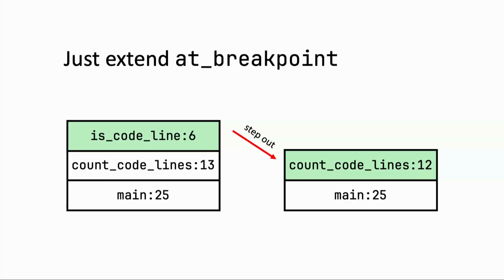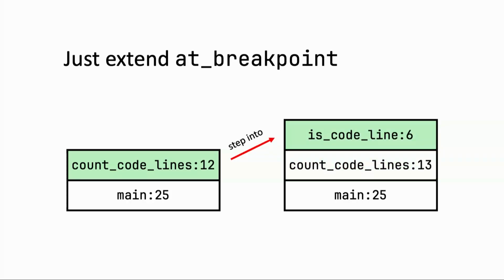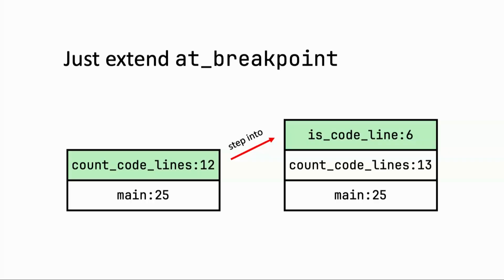For step out, we're just checking that we're at the top frame. For single stepping, we're checking that only the line number changed. And for step in, we're just taking the next thing that comes in, which is pretty simple. So this way, with a few lines of more code, we can have a simple Python debugger, and it works good enough. We can even use it to debug our own programs.